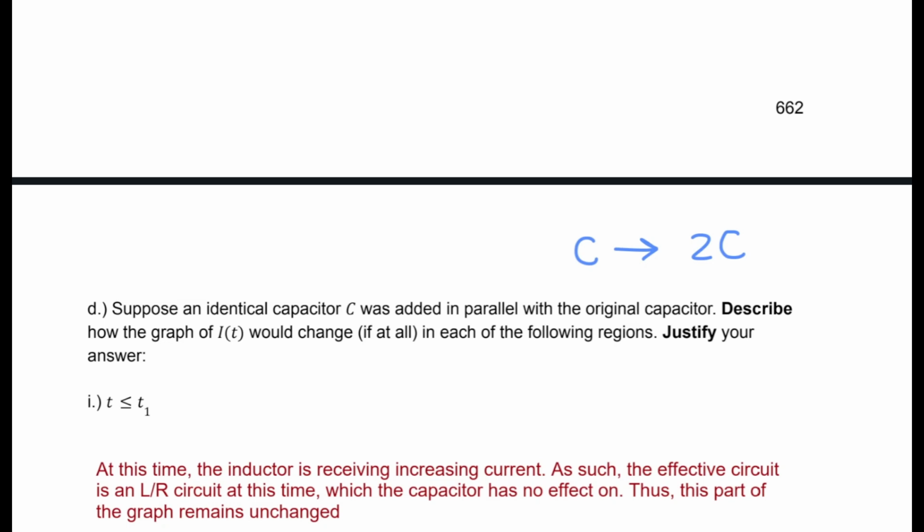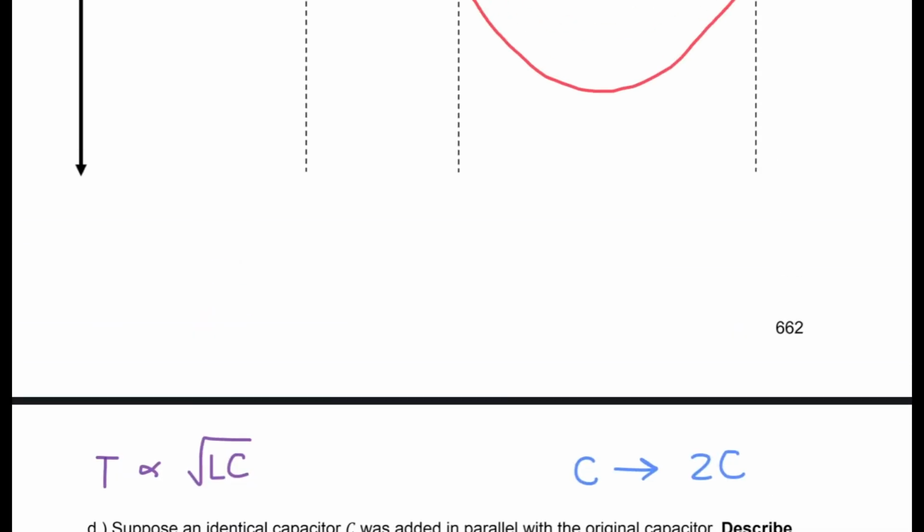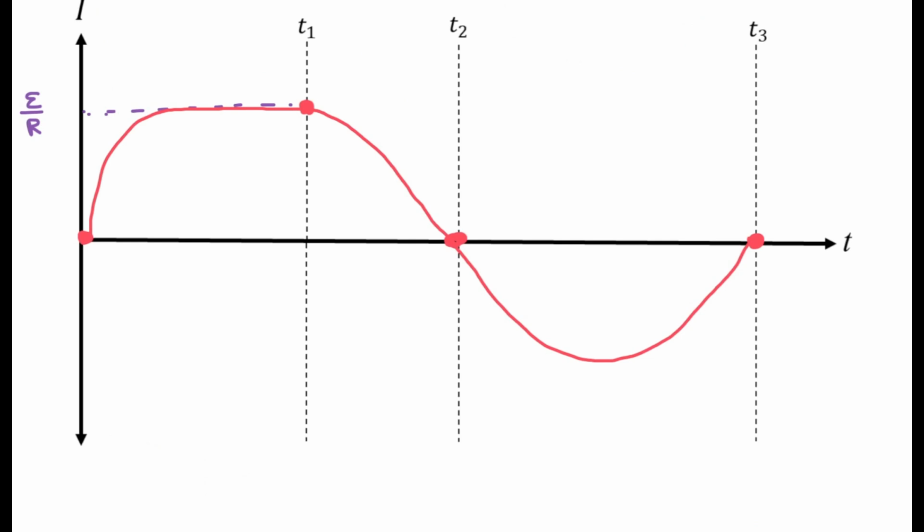And the relevant equation here to look at things involving shape would be the fact that this period of oscillation T is proportional to square root LC. So actually increasing the capacitance will cause the period of oscillations to increase. So adding a second capacitor will actually make this graph take longer to oscillate.